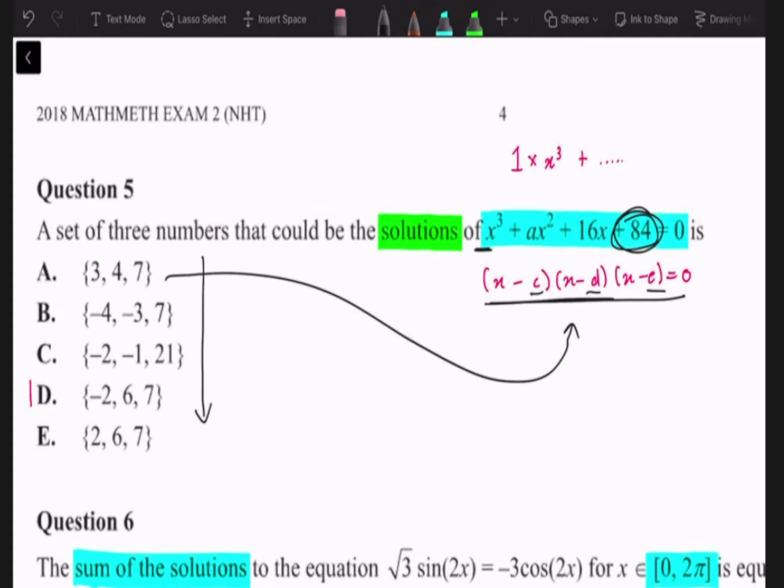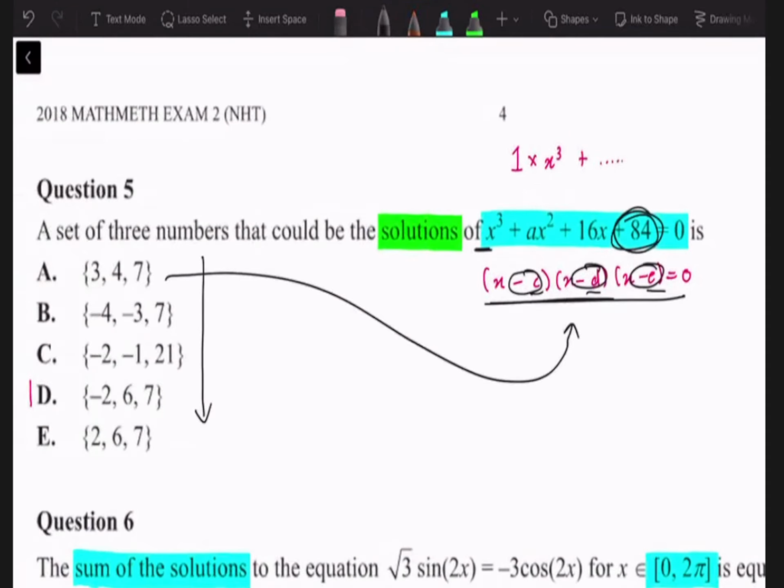So the only way to get positive 84 in this case is to have all of these be positive. That doesn't mean C, D, and E have to be positive, but the multiplication of them, including the negative in front, has to be negative. You could do it that way, but it's not really a conclusive method. You might get more than one answer.